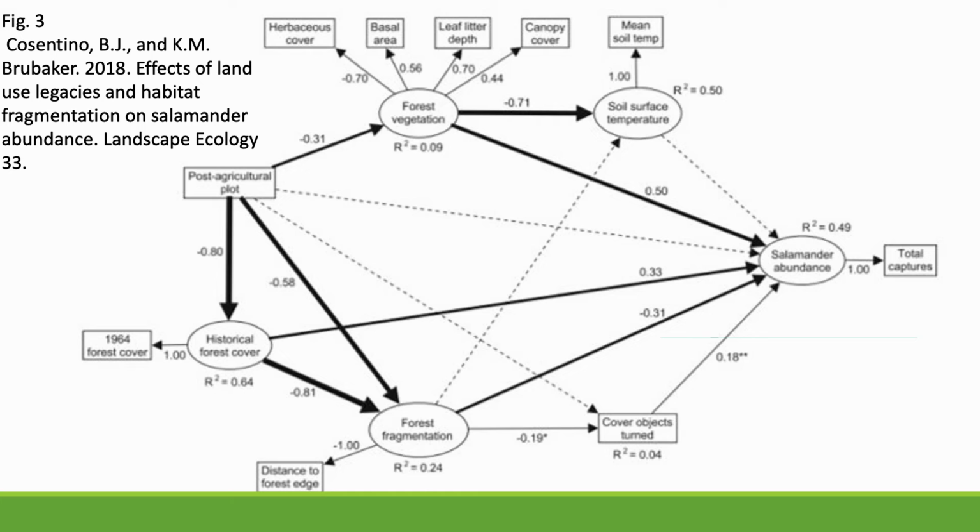However, I am using this figure from the effects of land use legacies and habitat fragmentation on salamander abundance to help support my hypothesis that the restored side will have a lower amount of salamanders. In this figure, it shows that the significance of habitat disturbance is the reason why salamander abundance is lower.